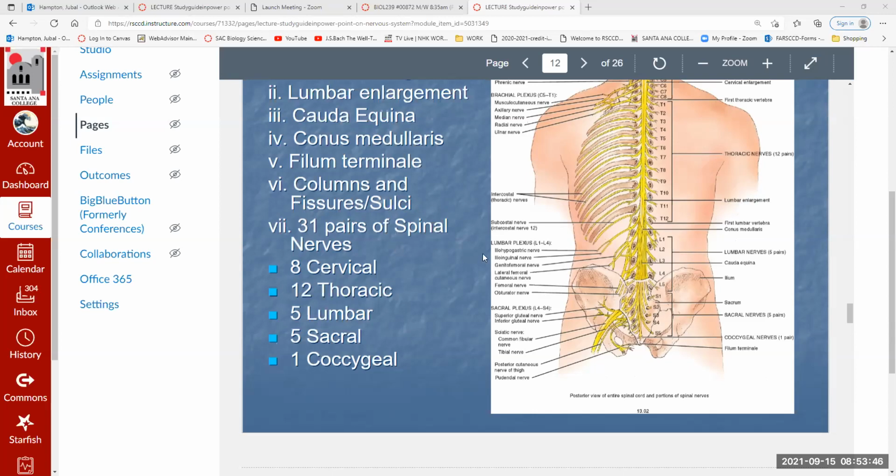There are 31 pairs of spinal nerves: 8 cervical, 12 thoracic, 5 lumbar, 5 sacral, and 1 coccygeal. We're talking about the nerves, not the vertebrae, the nerves that come off in pairs. A pair means 2.